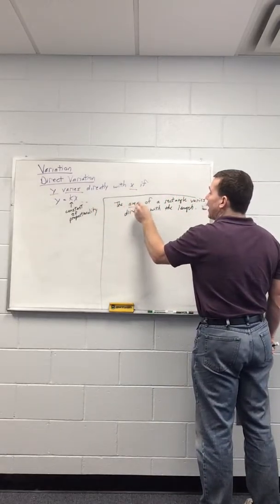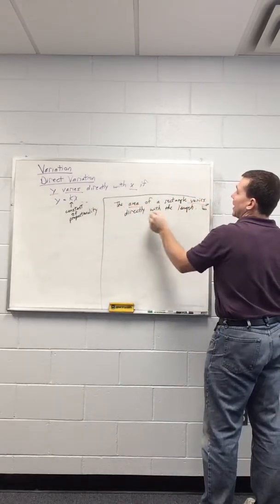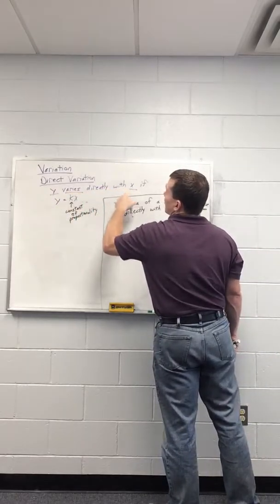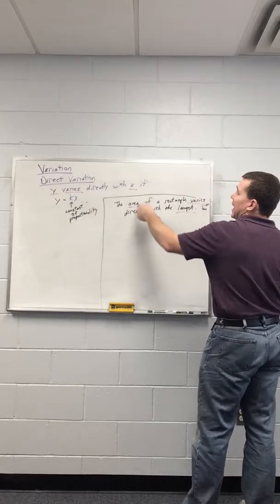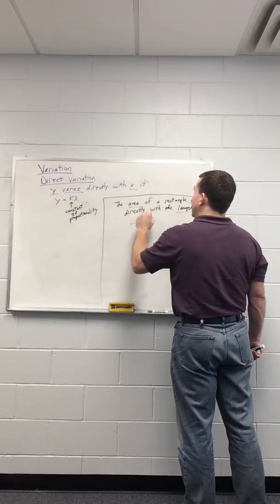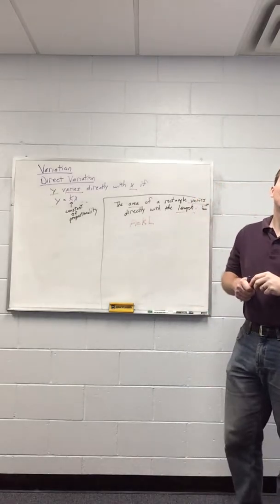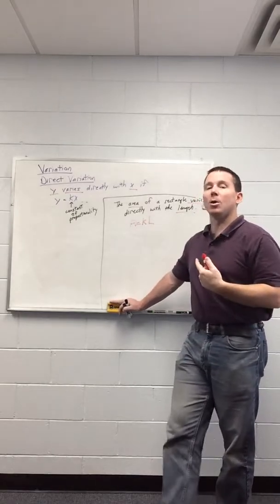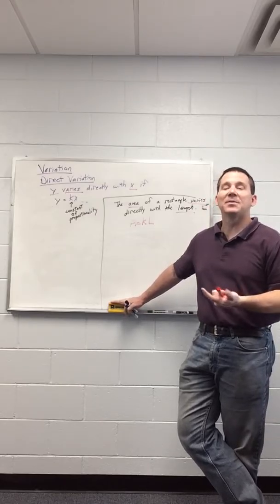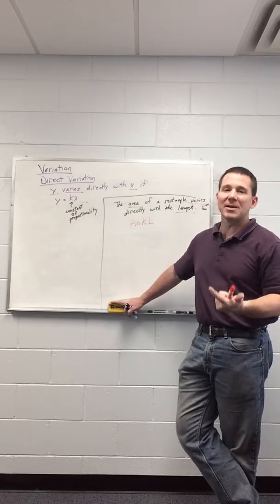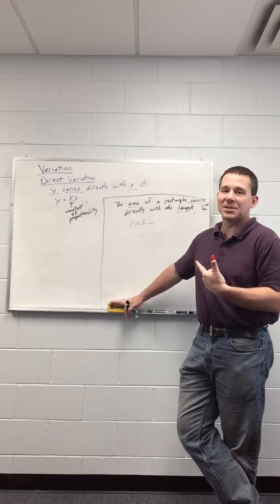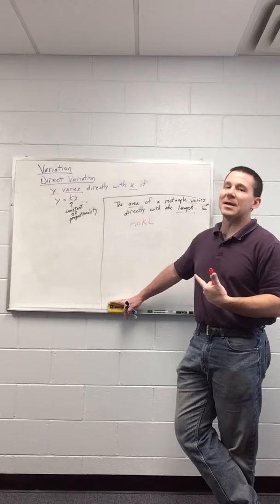If Y varies directly with X, Y equals Kx. Area varies directly with length, so area equals KL. The good thing about these is you always immediately get an equation. In some of the other applications we've done, you had to generate variables and then generate equations and then solve it. Here you get the equation by definition, you then just have to work with it.